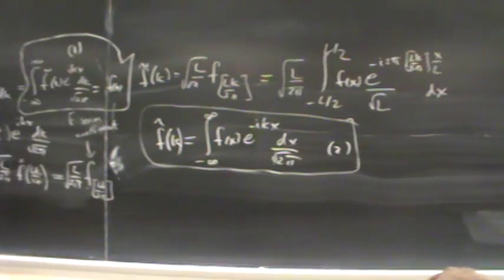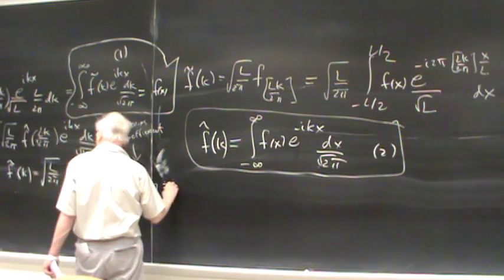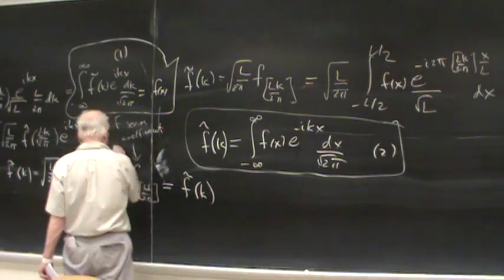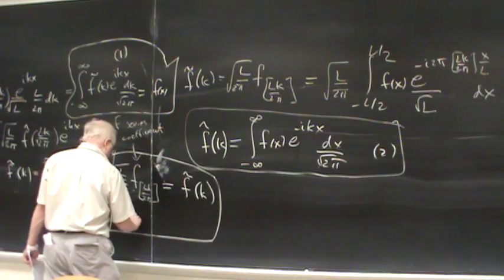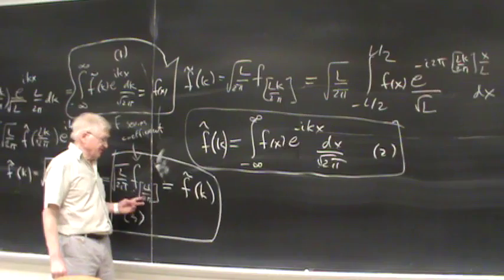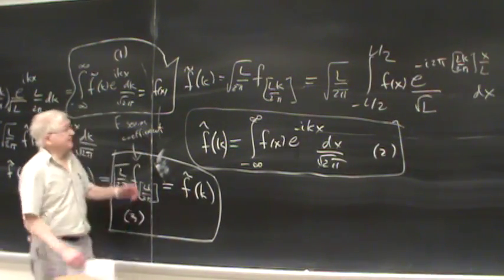So those are the Fourier transform relations, 1 and 2. And to relate Fourier series coefficients to Fourier transform coefficients, you use this expression, and it's most easily written this way. So I should maybe put this as equation 3. So this relates the Fourier series coefficients to the Fourier transform function.